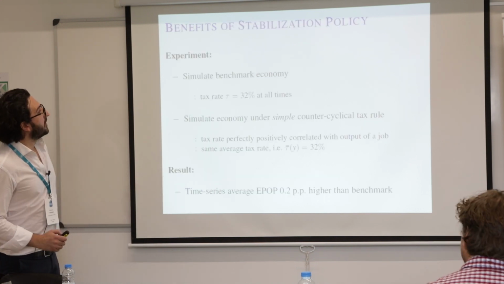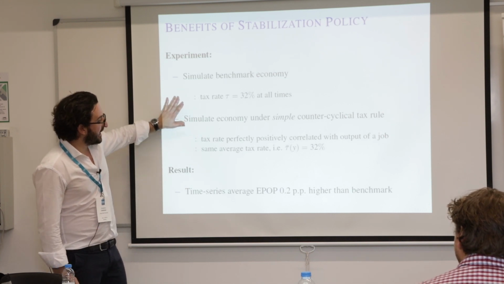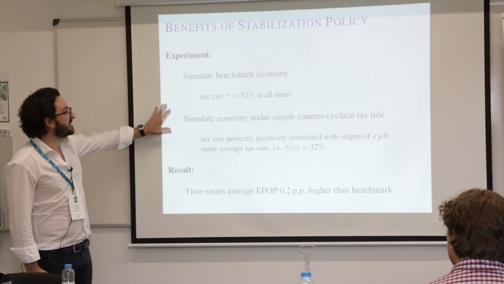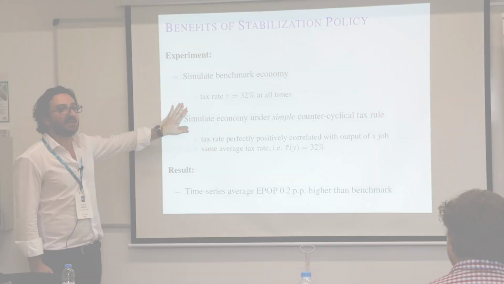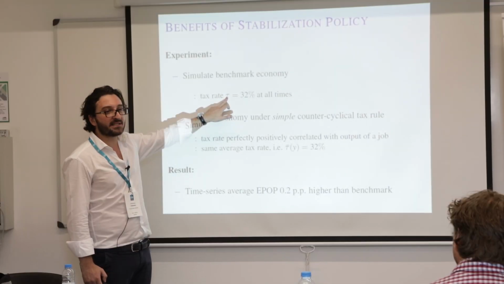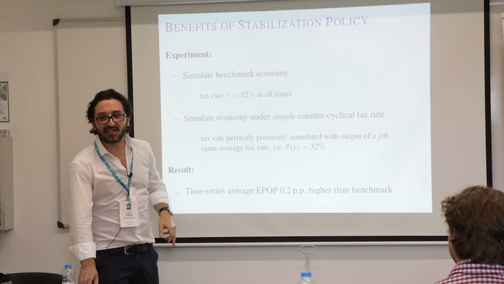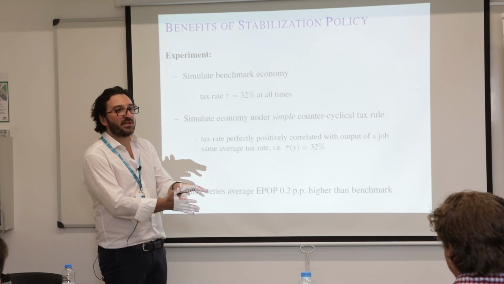Okay, perfect. So what we do then, again, is the part of the paper that needs more work. Let's say you put in place a simple tax policy rule: a labor tax rate that goes up in booms and goes down in recessions, and is symmetric. So the ups and downs in the tax rate are symmetric, like productivity. Of course, this rule is going to dampen fluctuations.